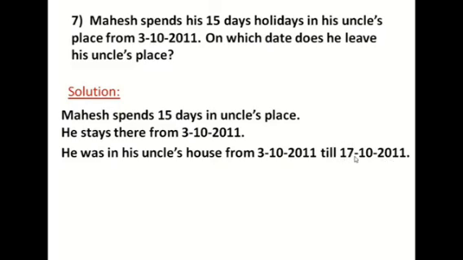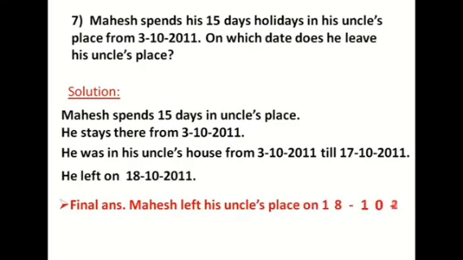So till 17th he was in his uncle's house. So when he will leave his uncle's house, he will leave on 18/10, the very next day. So the final answer is Mahesh left his uncle's place on 18/10/2011. So from which date you have to count 15 days? Be very careful. Understand the question and then try to find out the answer.